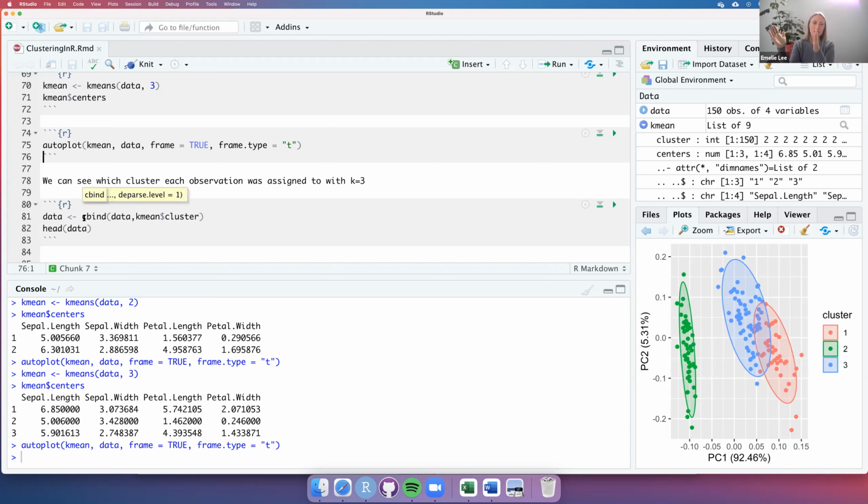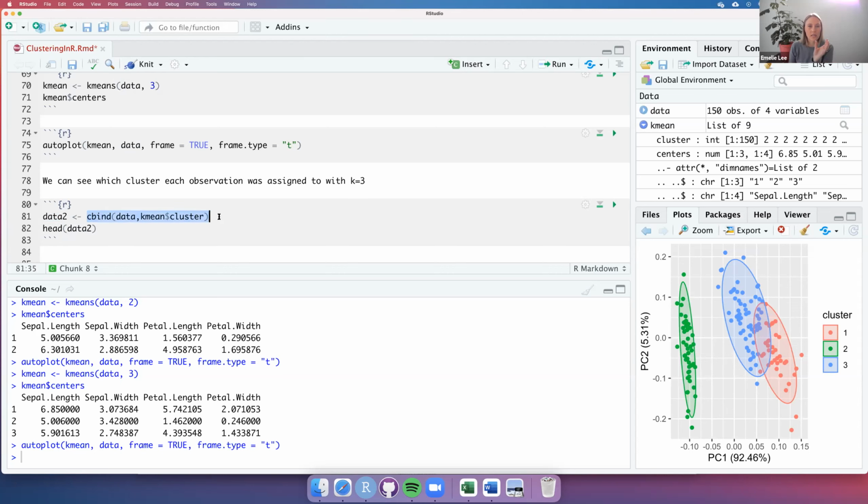So now you're just adding on another column to the data, right? And so you could go on and you could add other information here, but usually the cluster is all you need. And I'm overwriting the data command with this new data, right? So now I'm updating the data. And sometimes you might not want to do that. You could call it data 2 or something like that. Okay, maybe that's cleaner. Otherwise it gets confusing maybe.